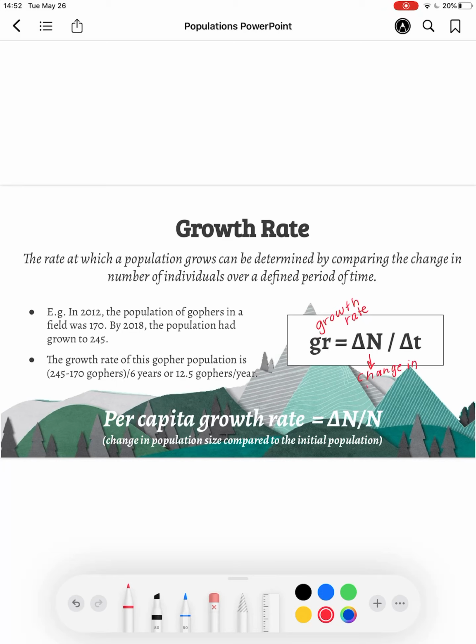Growth rate could look really fast at some point and then really slow at other points. It depends on what little section of time we're looking at to figure out the growth rate.